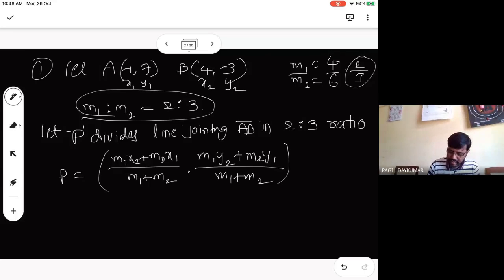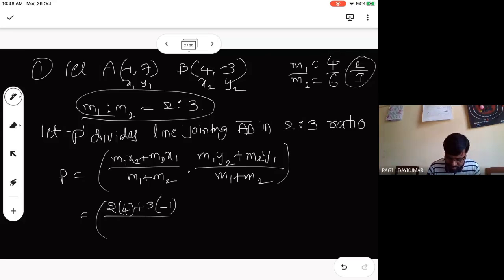Okay, so the better simple way is to just substitute 2. m1 is equal to 2, x2 is 4, plus m2 is 3, x1 is -1, by 2 plus 3, m1 plus m2.